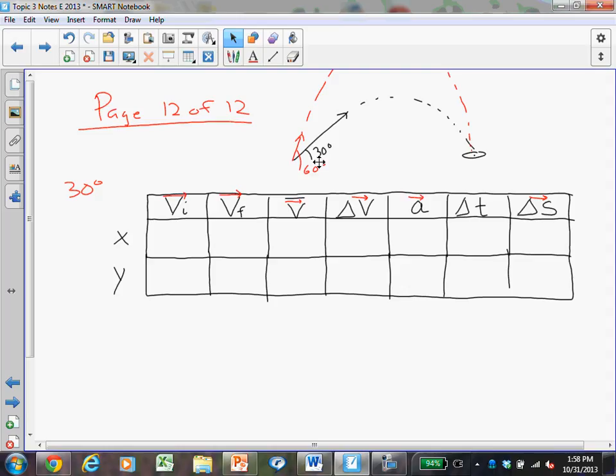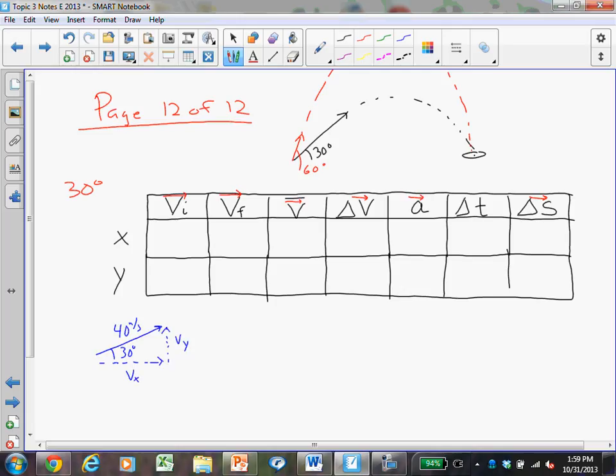So at 30 degrees, we have this vector. It's launched at 40 meters per second, and we want to find Vx and Vy. Our y velocity and our x velocity. Well, what's my formula for the x velocity? V cosine theta.